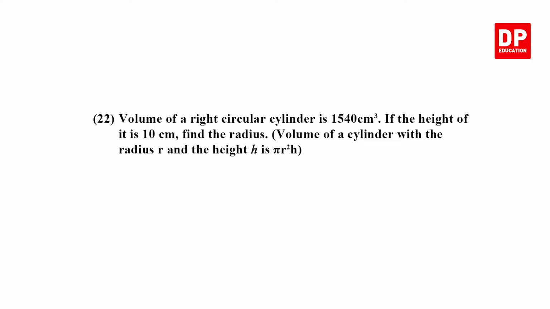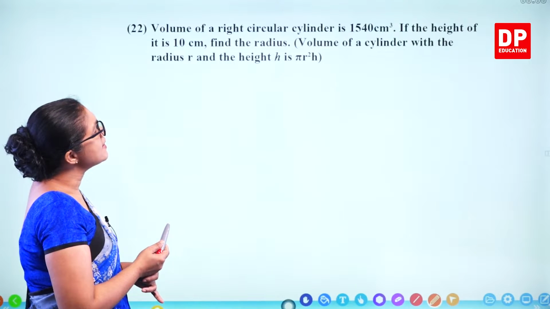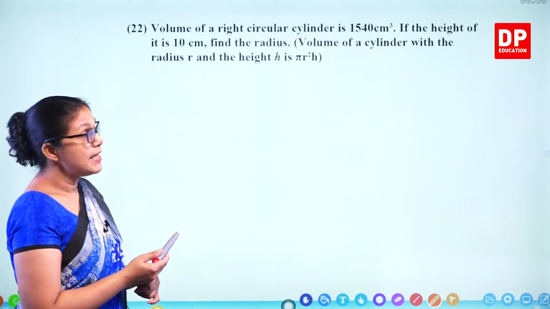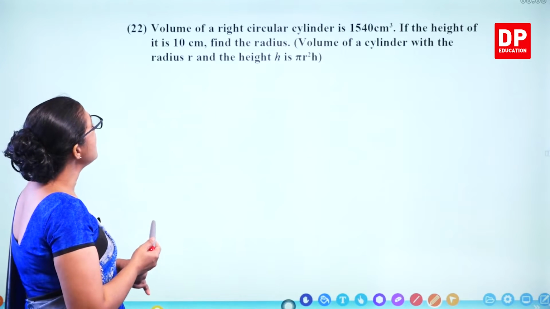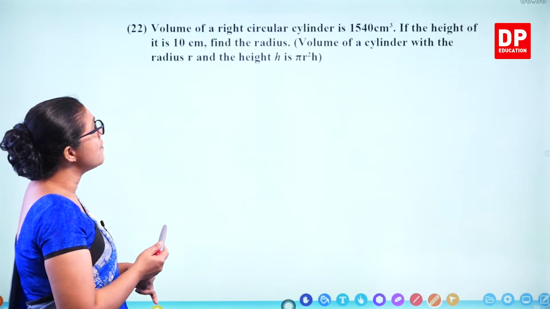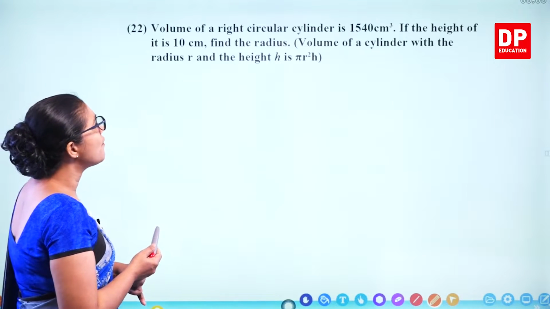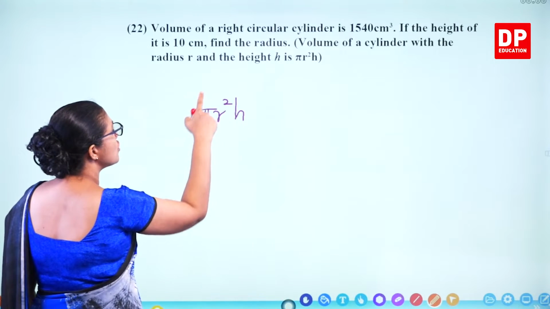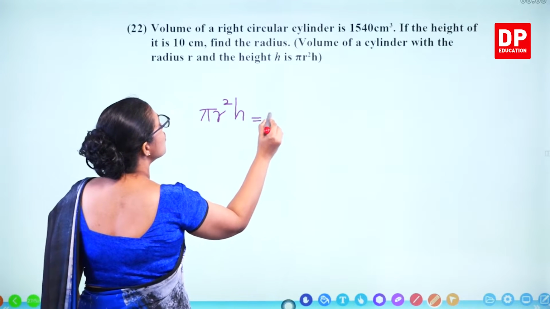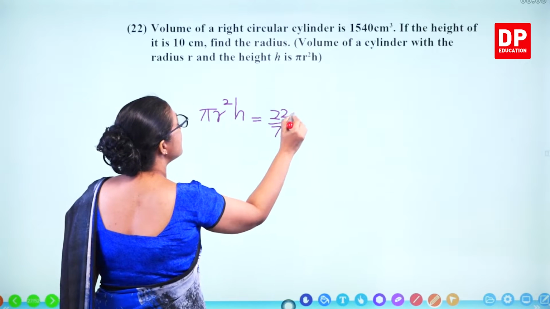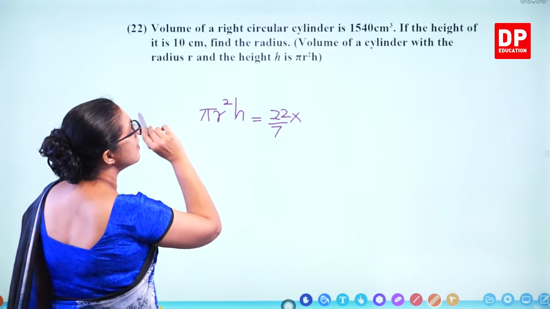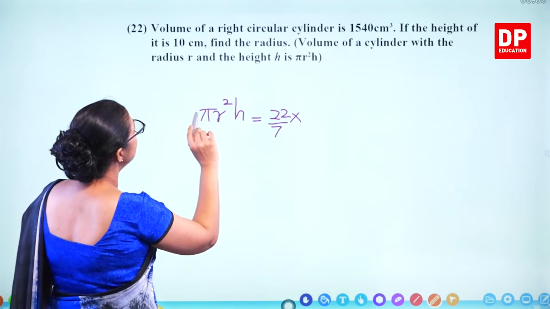Question number 22. Volume of a right circular cylinder is 1540 cubic centimeters. If the height of it is 10 centimeters, find the radius. So what's the volume of the cylinder? Pi r squared h, where h is the height. So 22 over 7, r is not given.